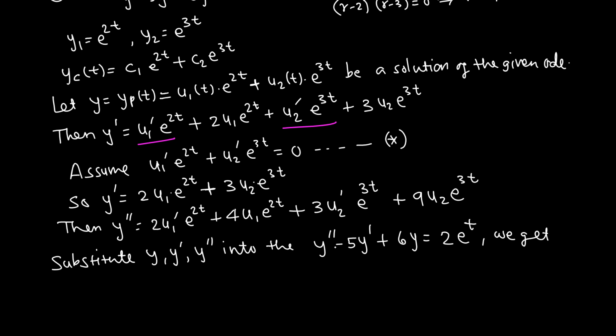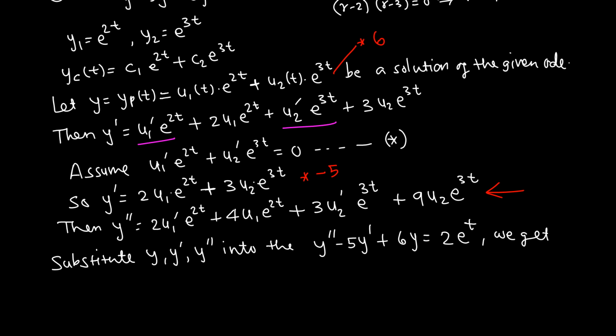So y double prime is here, so this is y double prime, minus 5y prime, so we multiply this by negative 5, plus 6y, and y is here, we multiply this by 6, and we add, that is equal to the right hand side.